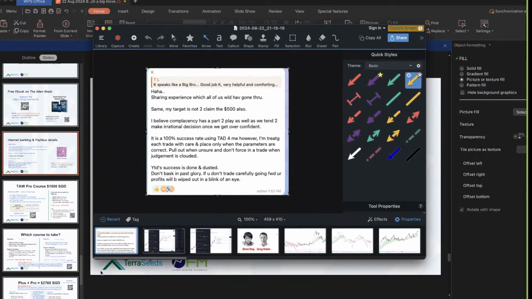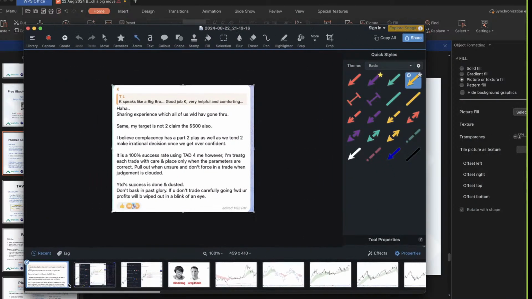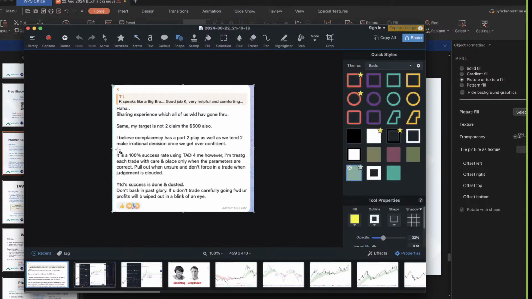Can you see? This one was just written today. It's 100% success rate using tag for me. However, I'm treating each trade with care and place only when the parameters are correct. So please don't use this as an indication that it will be yours.